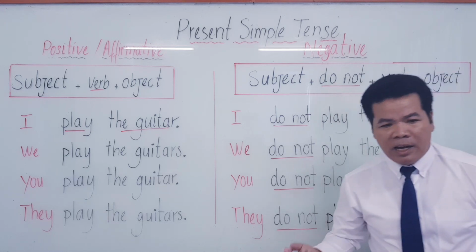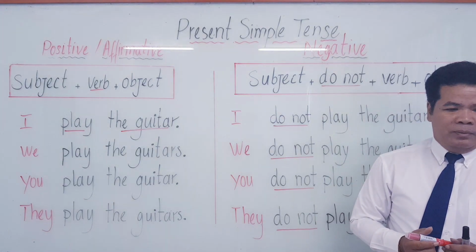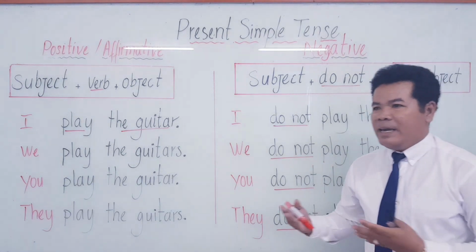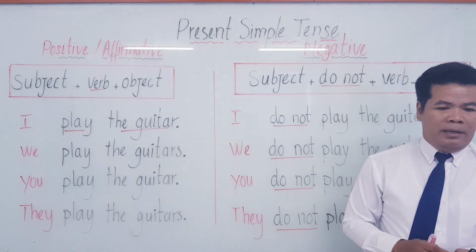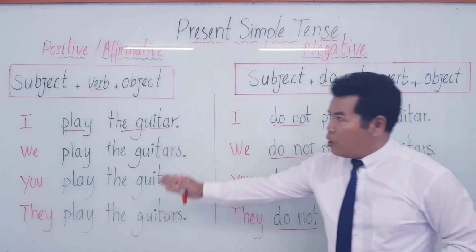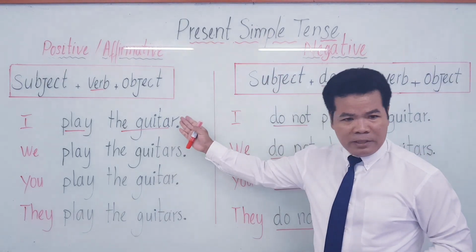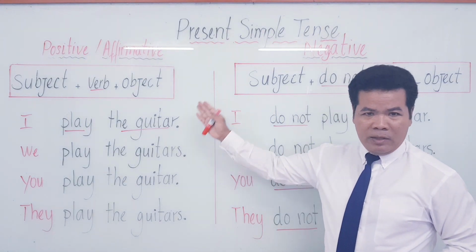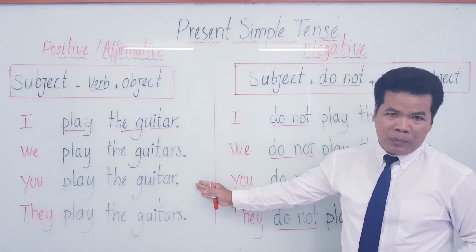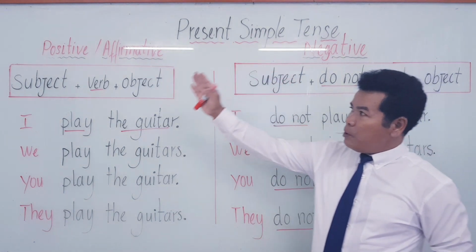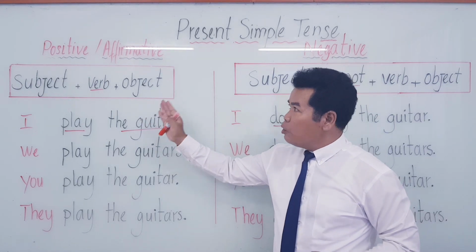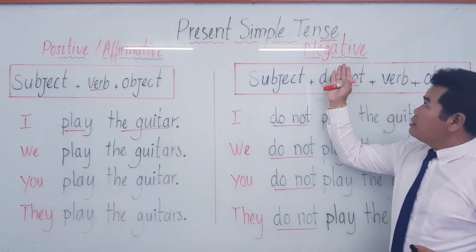I sing a song. I watch TV. They study English. Okay? So these are all the form of the positive sentence. Very easy way to remember. If you remember all the positive sentences here, we just move on to negative.